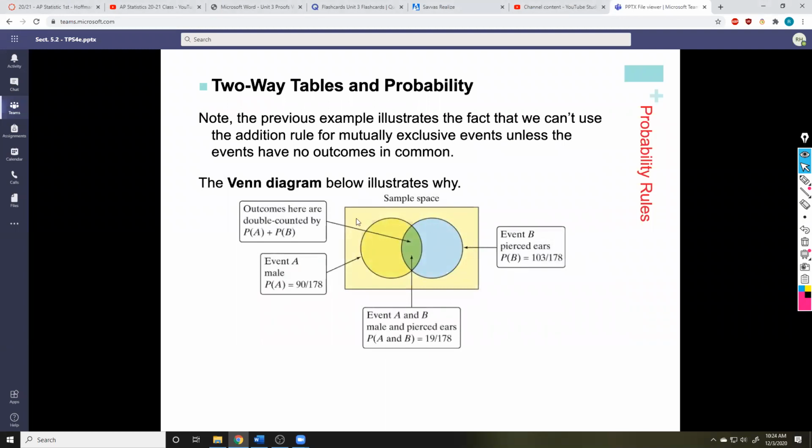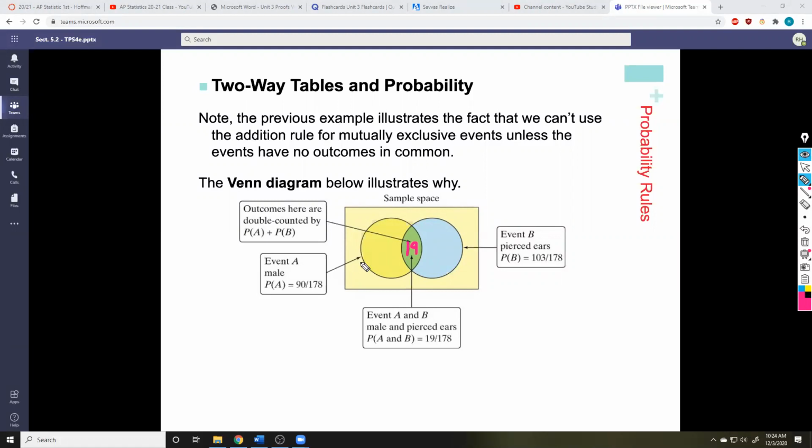And then remember that this is in A and not in B. This is in B, but not in A. This is in both. So here's your A and B. And so really, what's in each of these is we have 19 in the overlap.